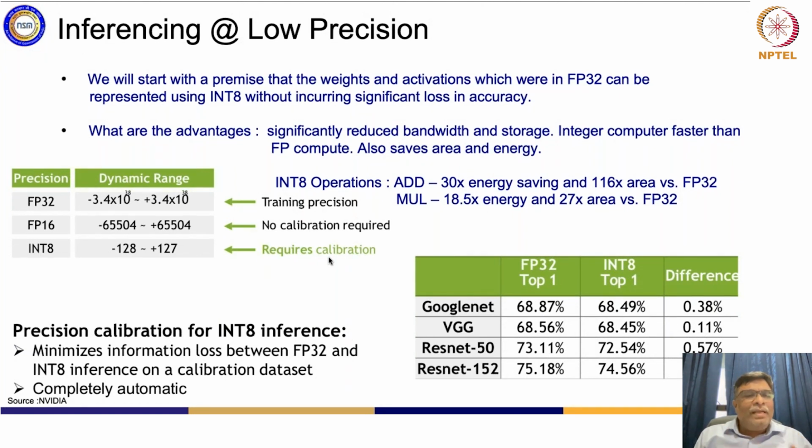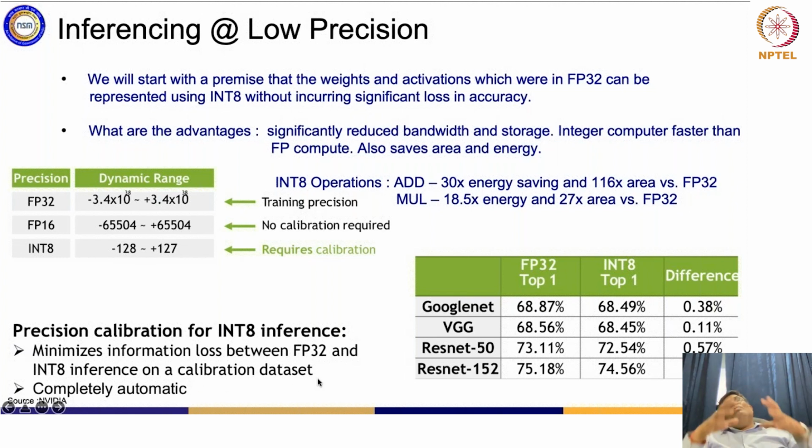So this basically means when you are trying to do this precision calibration for int8 inferencing, it minimizes the information loss. Try understanding when you do the calibration, what effectively happens is we will minimize the information loss between FP32 and int8 inference on a calibration data set.